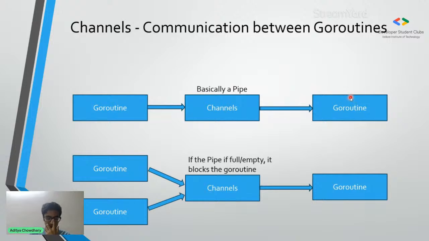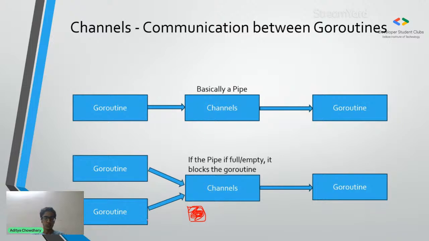And what happens if you have multiple goroutines putting stuff in a channel, but only one of them is taking it out, right? For example, if this channel had a capacity of 1, and this goroutine gave information and it filled it up, right? This capacity is filled up.